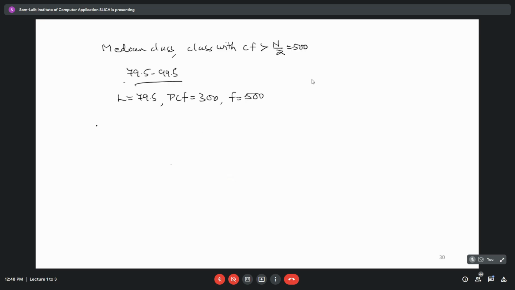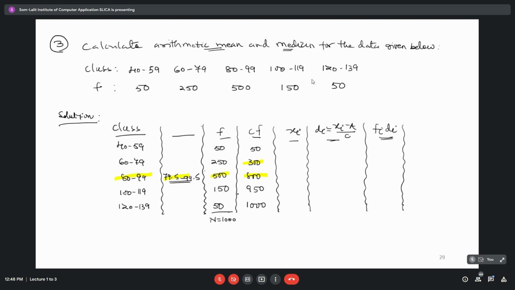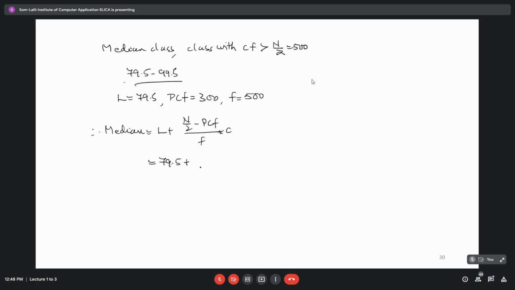Now we just place the values here. This is 79.5 plus n by 2, which is 500, minus PCF, which is 300, upon frequency, which is again 500, into C.